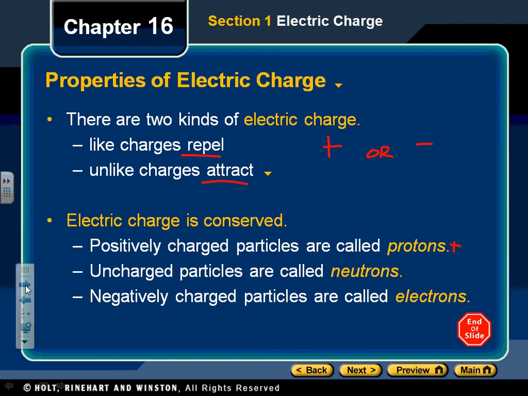So we're going to put a plus there, a minus there. Neutrons have no charge. So if you draw a basic hydrogen atom, in the nucleus, which is the center of the atom, you would have a proton, a neutron, and then somewhere outside of it, the much smaller electron would be orbiting. Remember, electrons don't orbit like planets, but they're in an electron cloud outside of the nucleus. So those are the parts of an atom, and they contribute to electric charge.